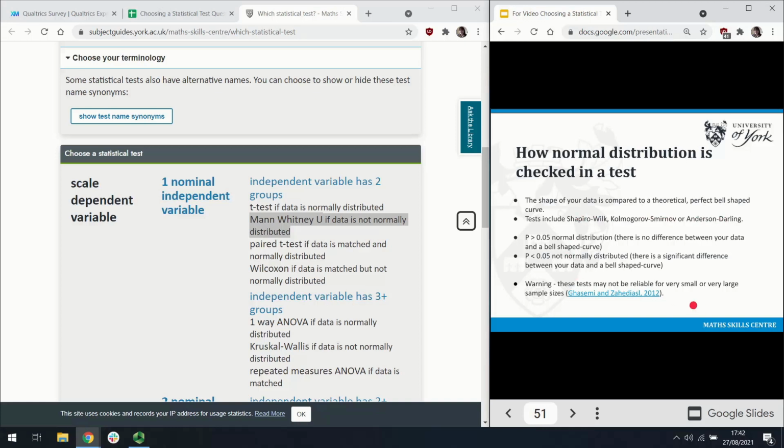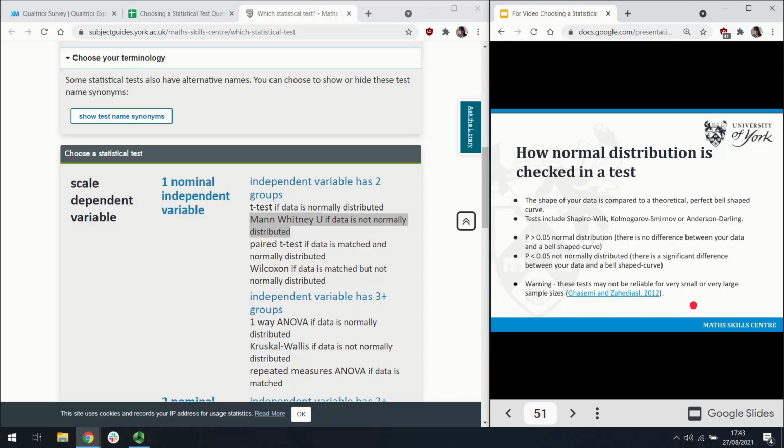Just a little warning on using a test to determine whether you've got normal distribution or not, though. They're not reliable if you've got very small or very large sample sizes. What's very small and very large?